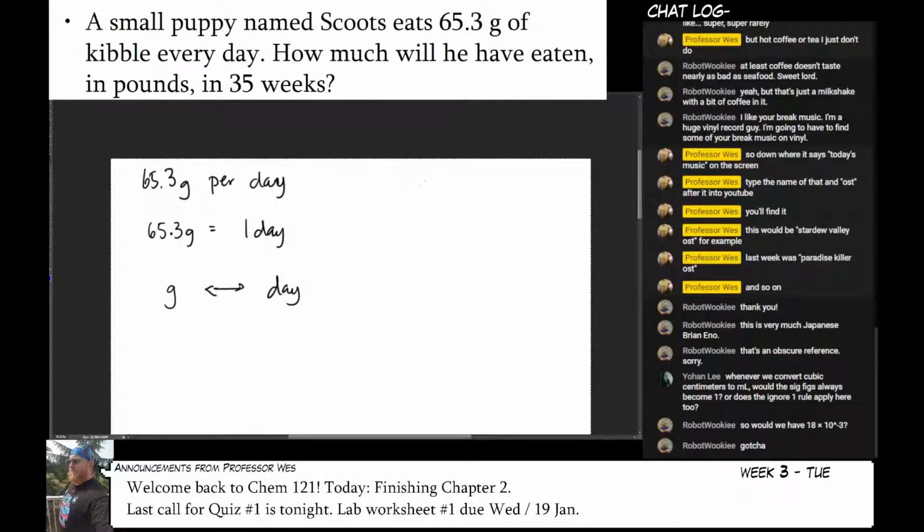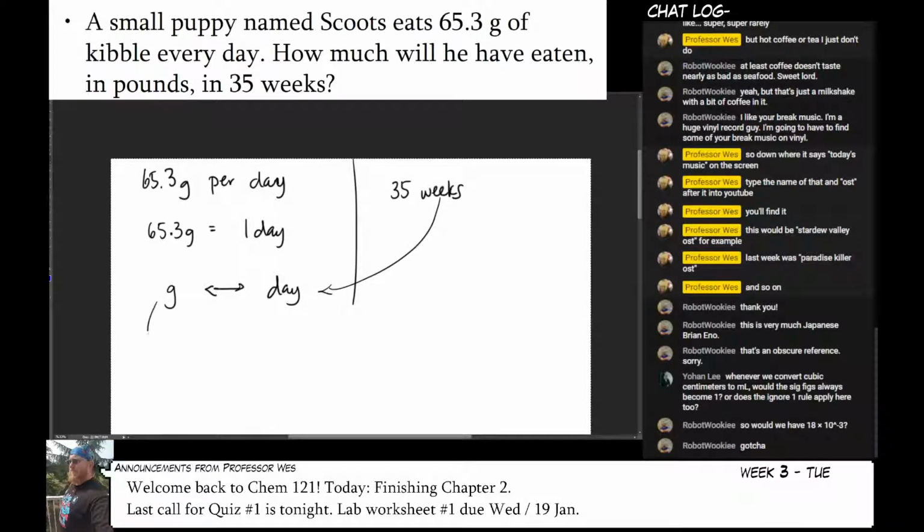And I know that he has eaten for 35 weeks. So what I need to do is turn this into days. And once I know the number of days, that will tell me how many grams he eats, because he would eat that many days' worth of food.